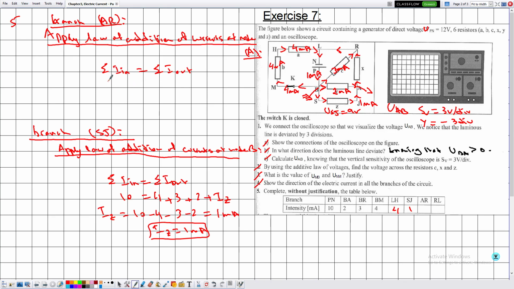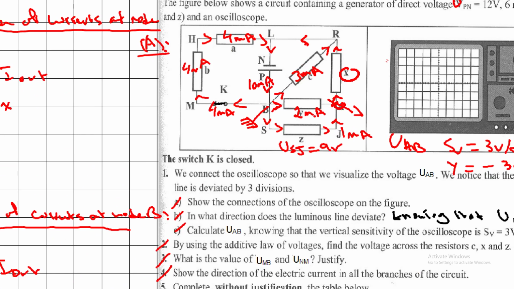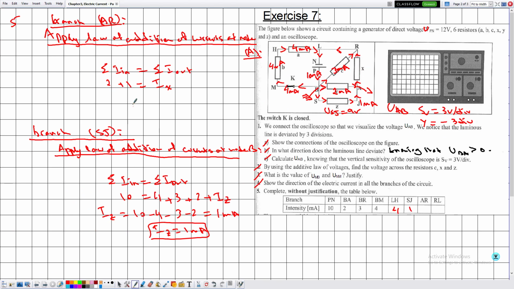The currents that are entering are given by 2 plus 1, which is equal to the current that we are interested in calculating, which is Ix. These are the currents entering, 2 and 1. So Ix is simply given by 3 milliamps because the entering currents are expressed in milliamps.